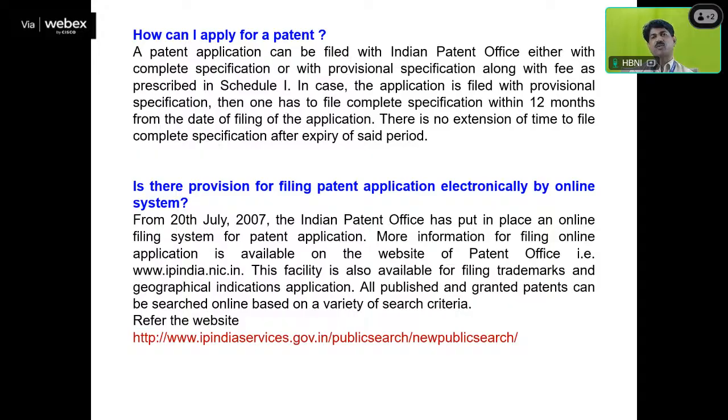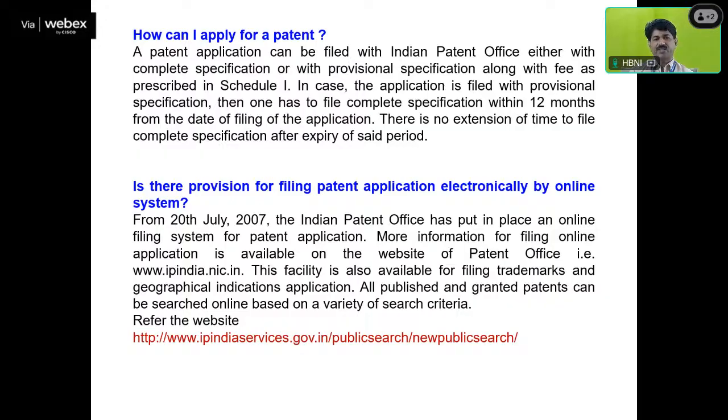Schedule 1 describes the whole procedure of how to apply for a patent. The complete specifications can be filed together, or part of the specifications of the product or the process can be filed in a provisional manner so that we start the patenting process. In that way, we can apply for a patent.